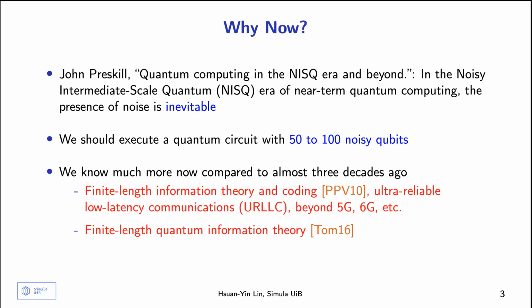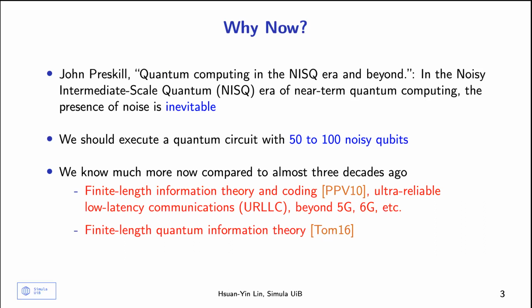But to me, it's the right time to do this, because if you observe classical information theory, in the last 30 years people have also worked on this very practical problem, called finite length information theory.